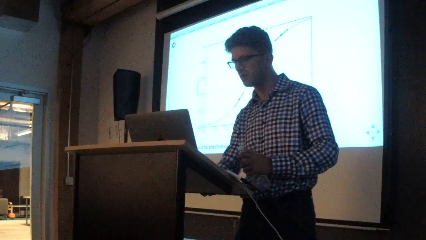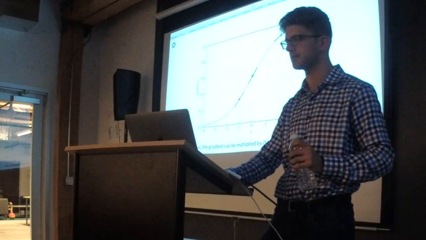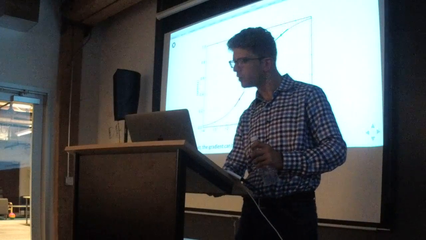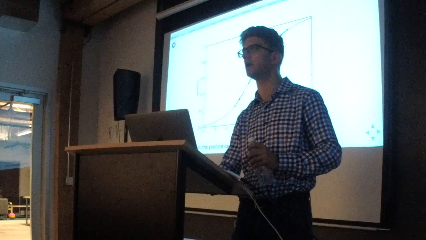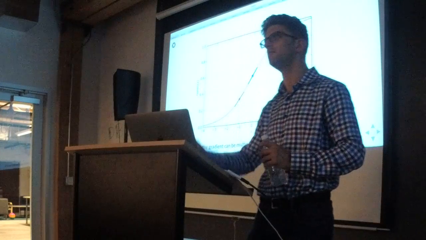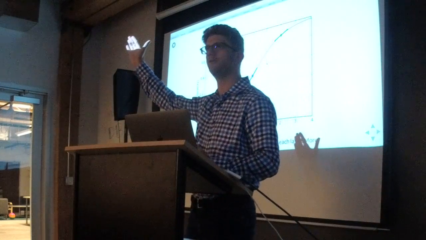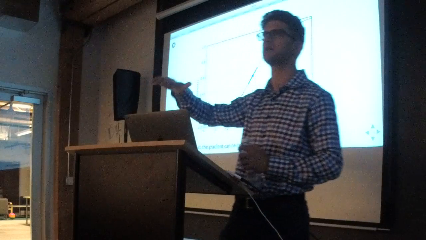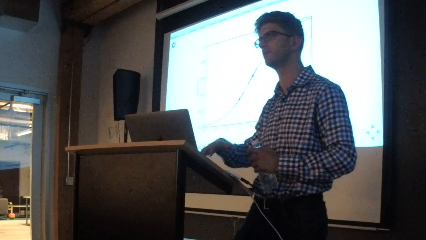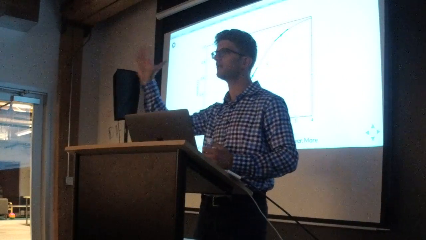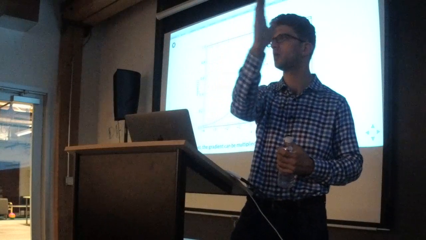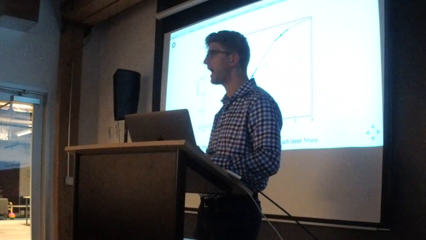The most that number can be, if we're using sigmoid activation, is 0.25, because that's the maximum slope of the sigmoid function. In practice, a lot of times it's multiplied by an even smaller number. And so the weight updates get smaller and smaller as you go further and further back in the network.